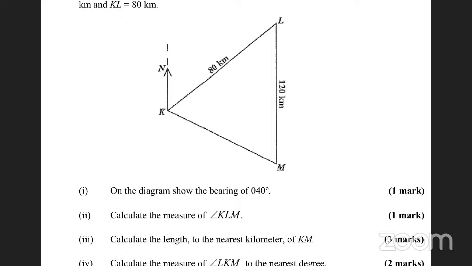Right, try those 3 parts there fast. Let's see how far you reach. Remember, I've seen it wrong in people's diagrams. The bearing is always drawn from the north in a clockwise direction, right? So start at north and go in a clockwise direction, starting from here. 40 going here.